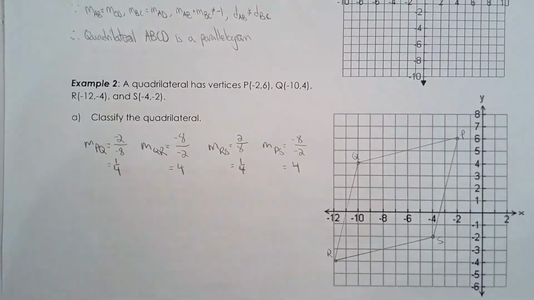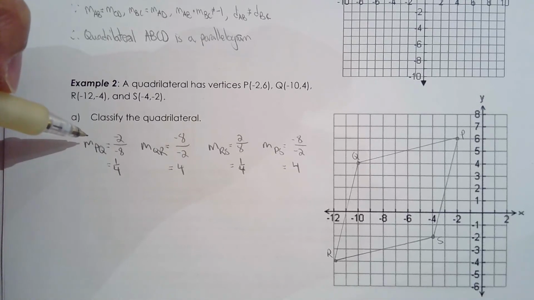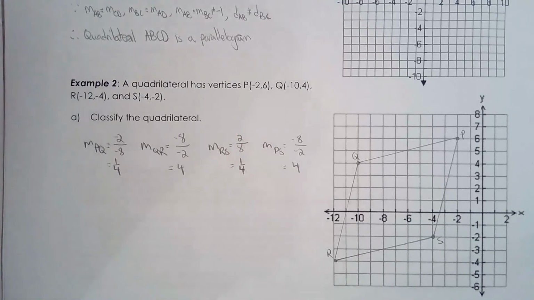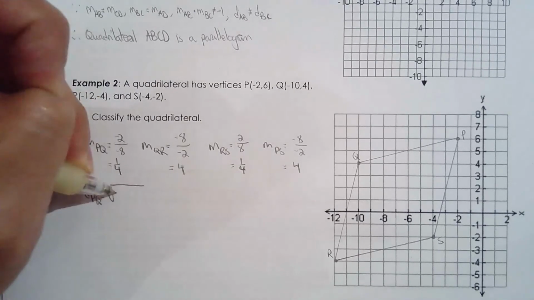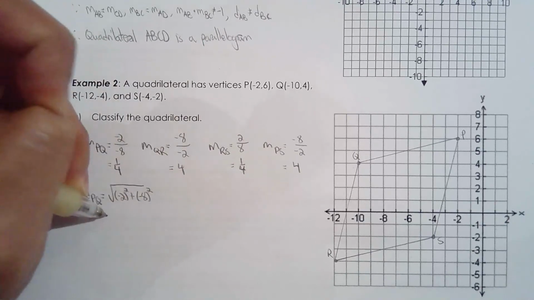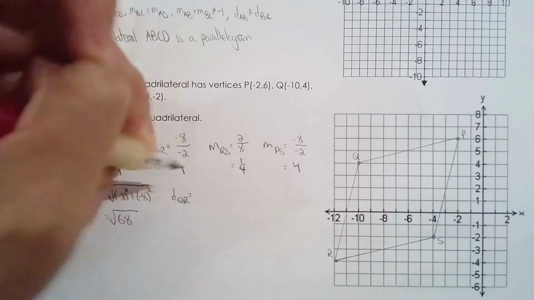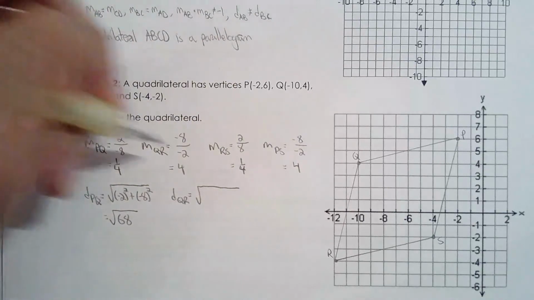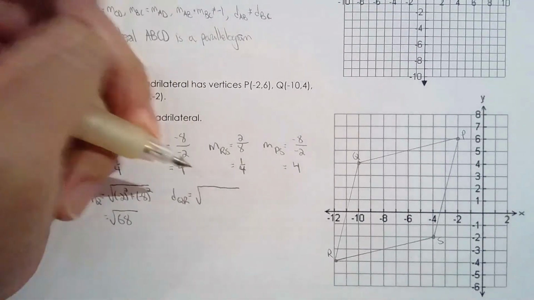Okay, good. So right now I can tell you it's a square, or wait a second, it's just a plain old parallelogram. Maybe it's a rhombus. I can see because the length of PQ is 4 plus 64, which is 68, and then the length of QR. It's definitely not a square or rectangle because the slopes are not negative reciprocals. Be careful: adjacent sides have reciprocal slopes but not negative reciprocal.